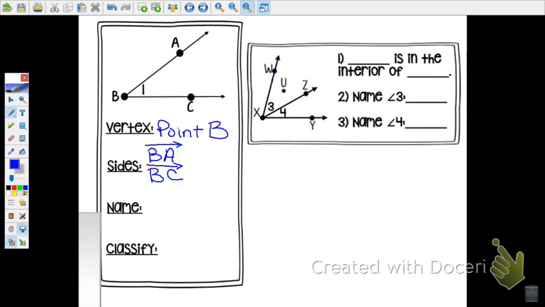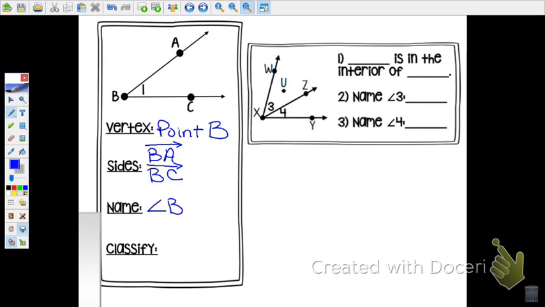We use a symbol that looks like an angle, and we can use the vertex if it's the only angle in the picture that has the vertex of B. Sometimes, not always, they will put a number inside of the angle.